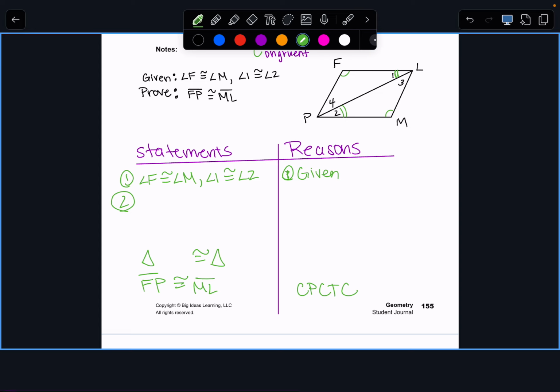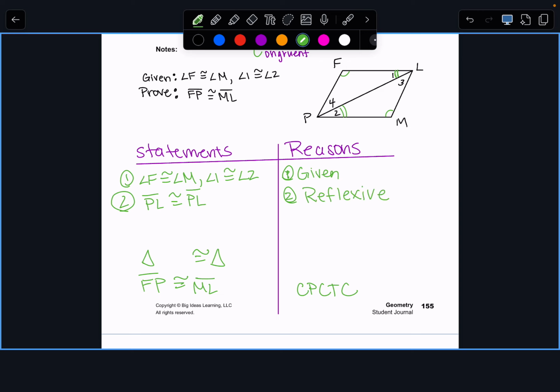Okay, Alex? Not necessarily, but because of the reflexive property, we can show that PL is congruent to PL. Okay, so PL is congruent to PL because of the reflexive property.